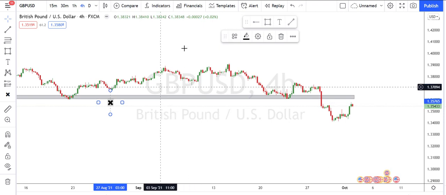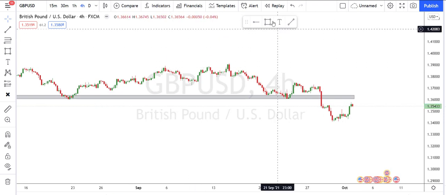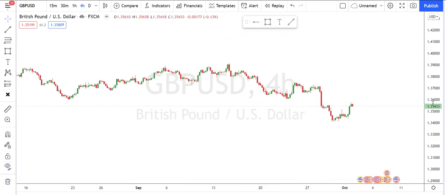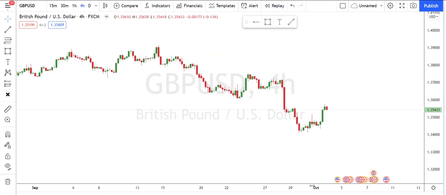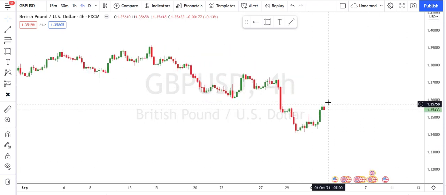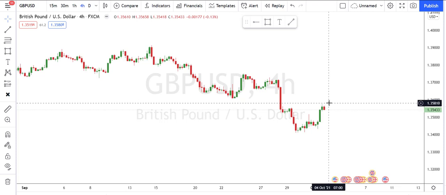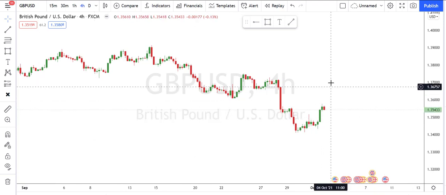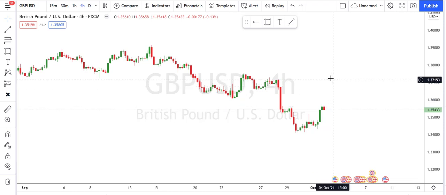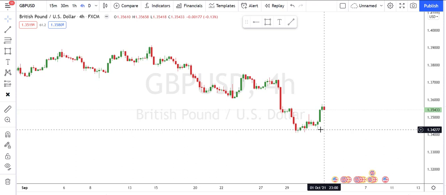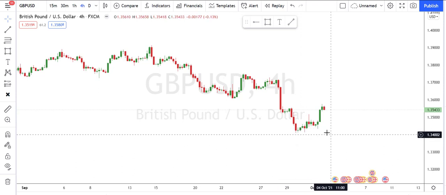So we will take our entry for a buy order from here. If we get a confirmation, a bullish candle right here that breaks the high of this candle, we will take an entry from here, and that will be a buy entry. Our SL will be just below this candle right here, and our take profit will be around here.